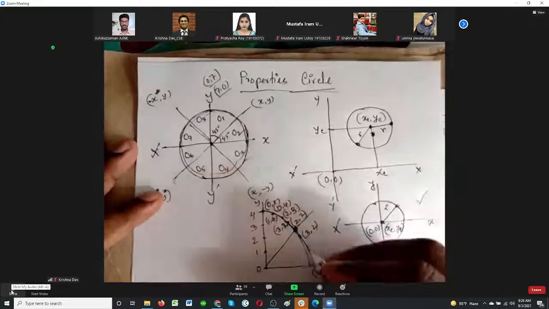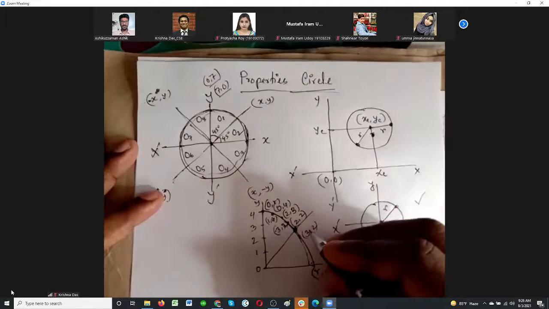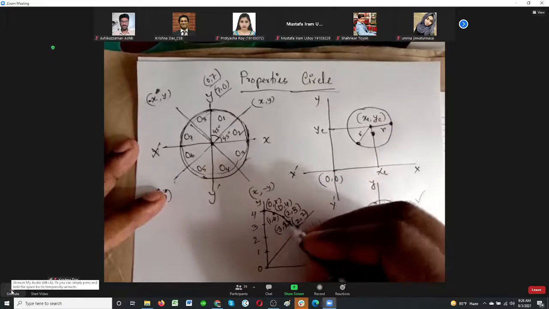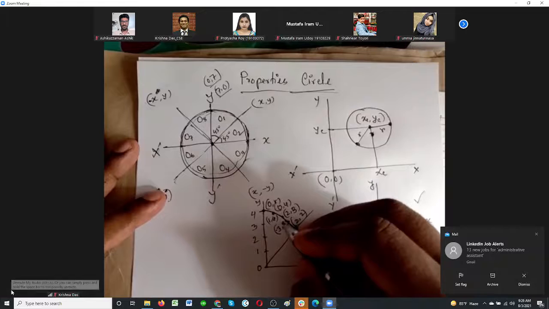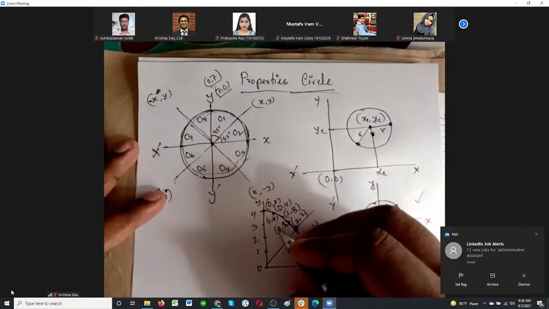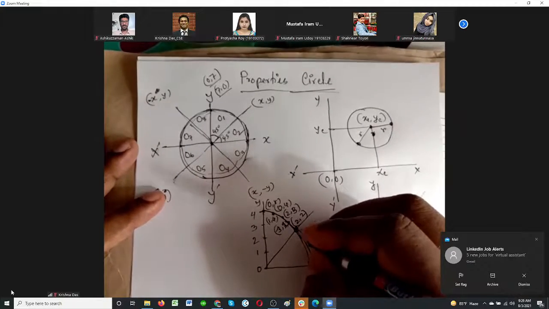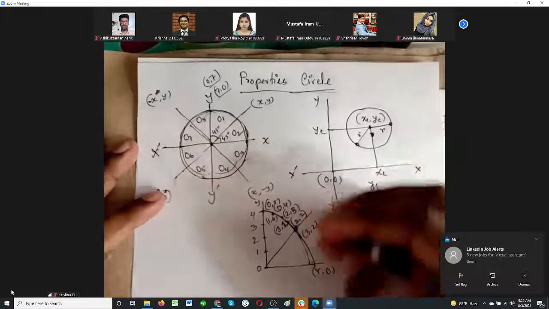Yes sir. X will increase and y will decrease. This should be, say, 3, 3 maybe, or 4, 3, because we got actually 2, 2. So that is something we got.